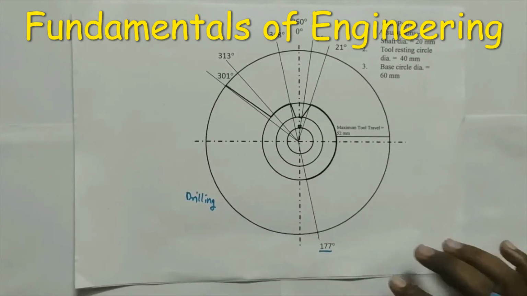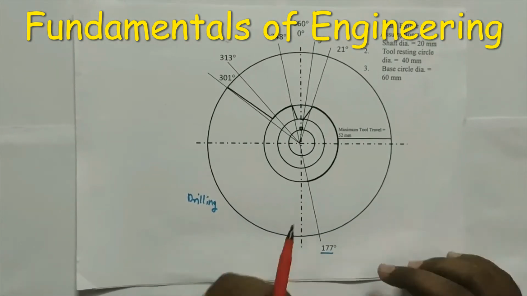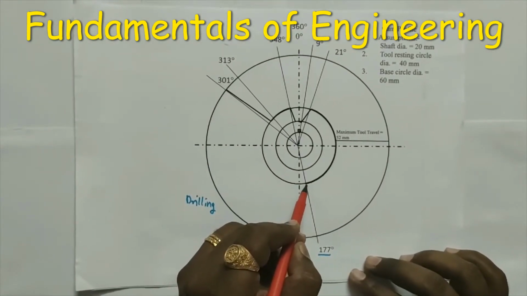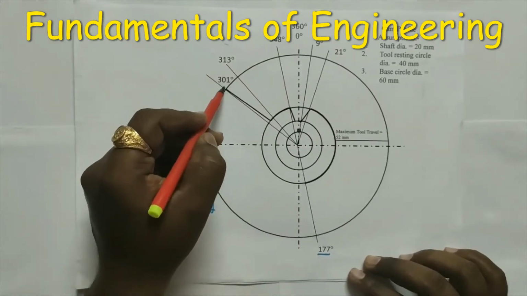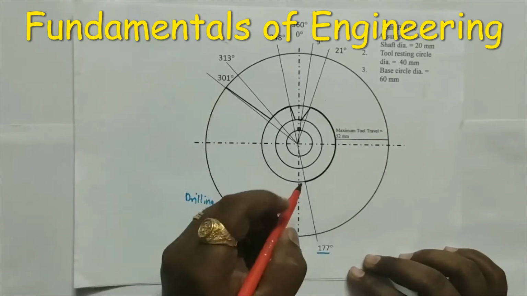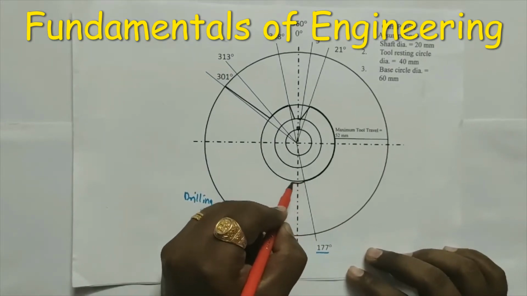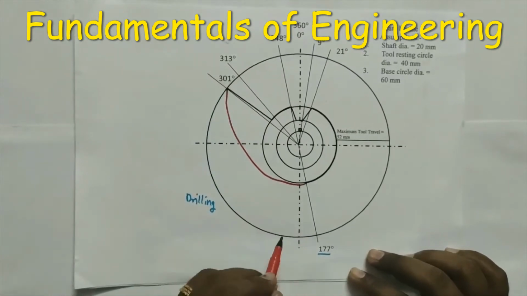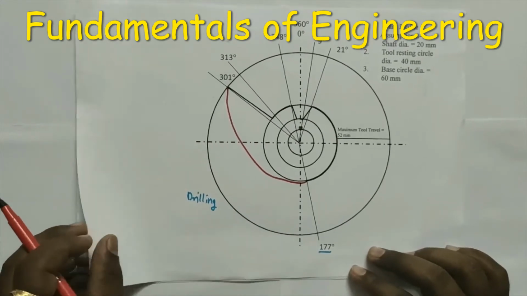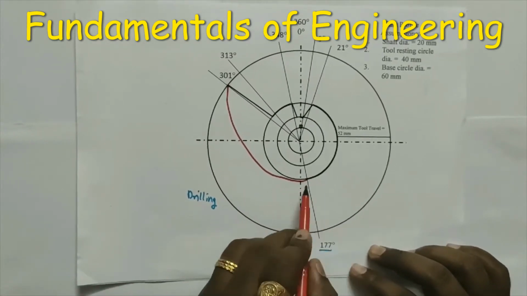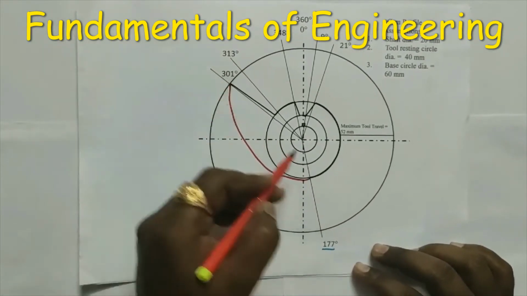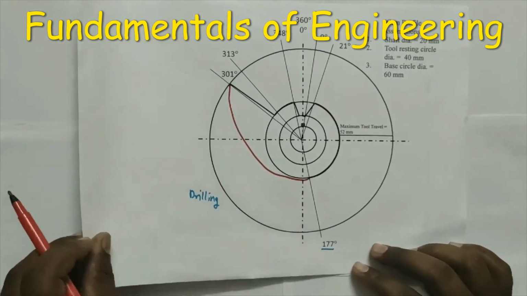The mistake the students make is directly joining these 2 points, from where the rise of the cam starts to the end point where the final rise is completed. They are directly joining them in this way. So this is wrong. They just draw one curve starting from position 177 to 301, joining the starting and end points.